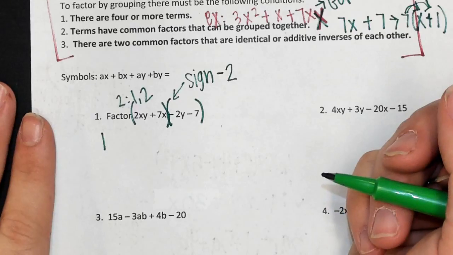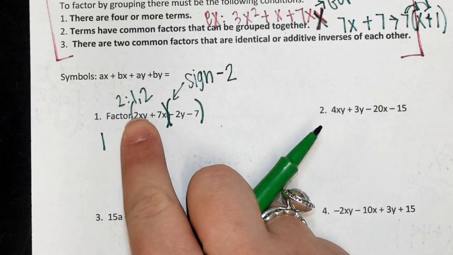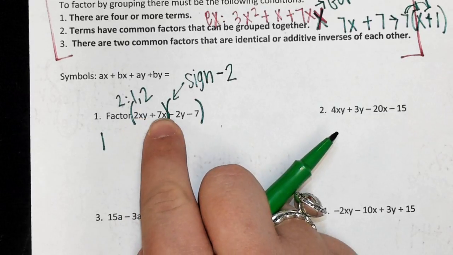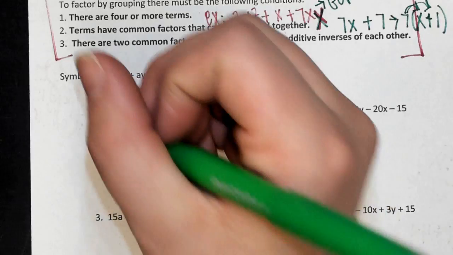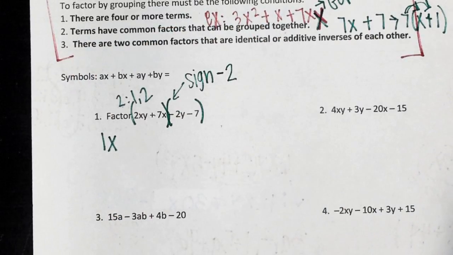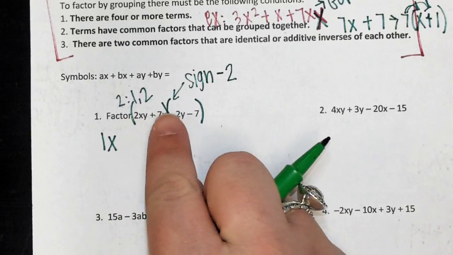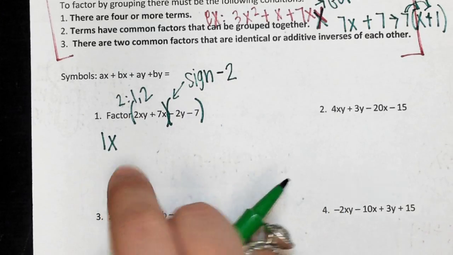Do you have to write 1? No. What's right here? X to the first. What's right here? X to the first. So if I have an X and an X, then I can factor out 1x. I cannot factor out a y because there's not a y in both of them. Okay, so now our factor is 1x.